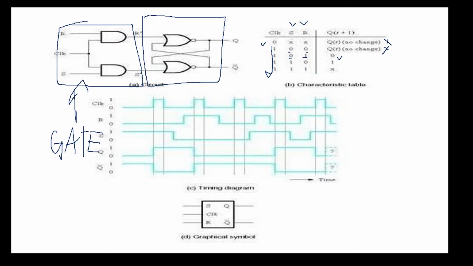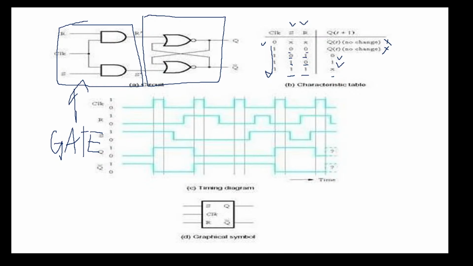Similarly, when S is 1 and R is 0, the output will be set, because S means set condition, right? And in the last state, when both are 1, we say it's a don't care condition or an X condition.